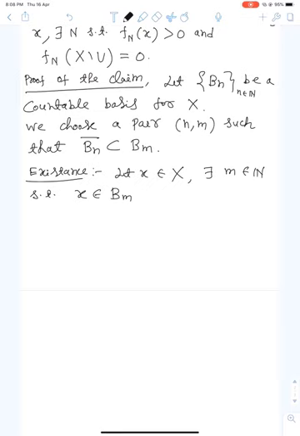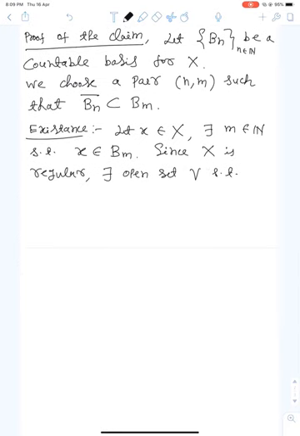Now since X is regular, there exists an open set V such that x belongs to V and the closure of V is a subset of Bm.